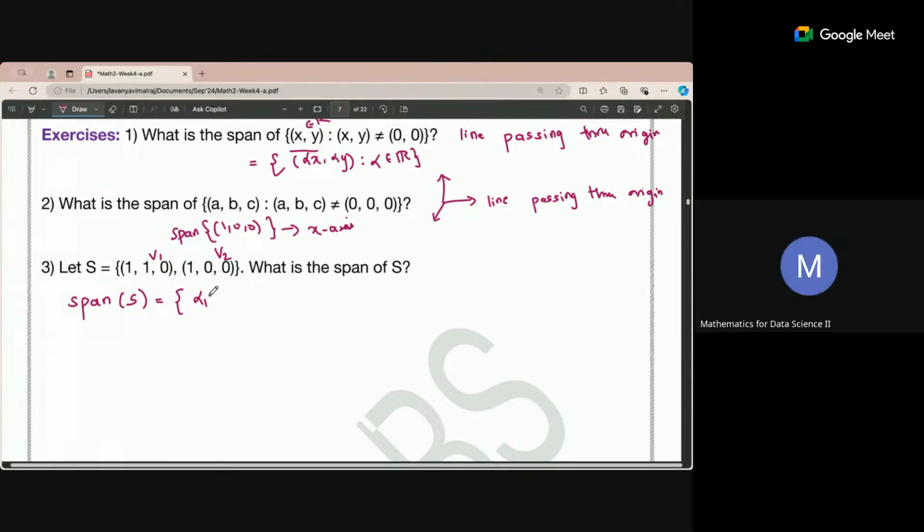Alpha 1 V1 plus alpha 2 V2, where alpha 1 and alpha 2 belong to R. Numbers, scalars or vectors? Scalars.